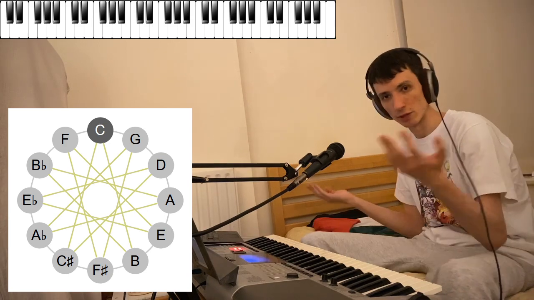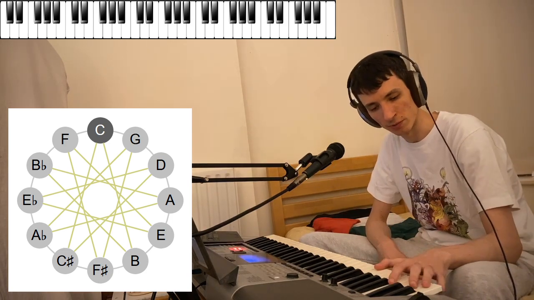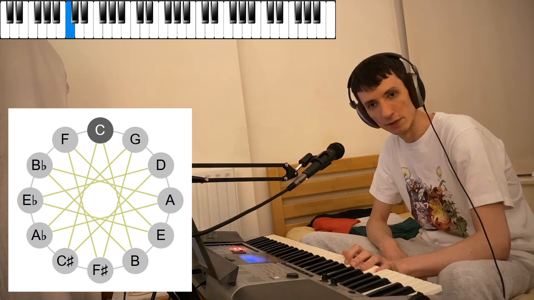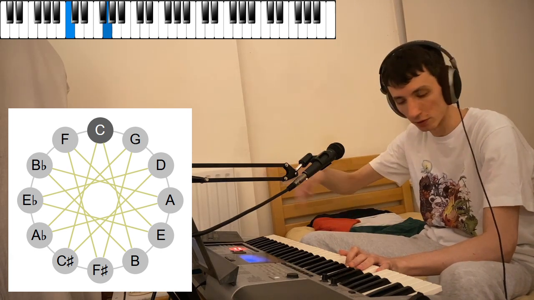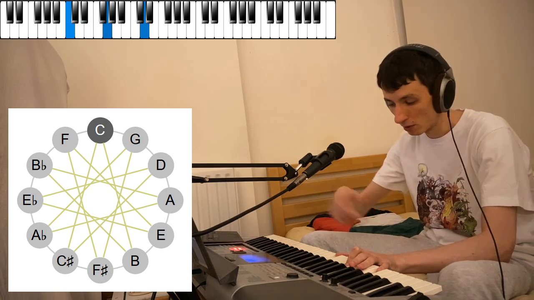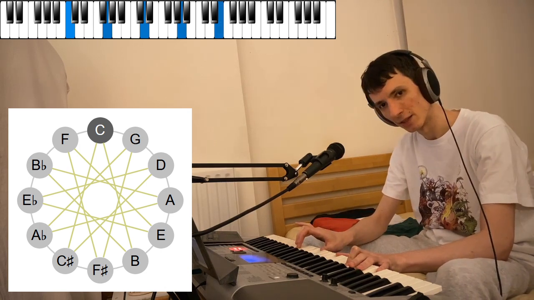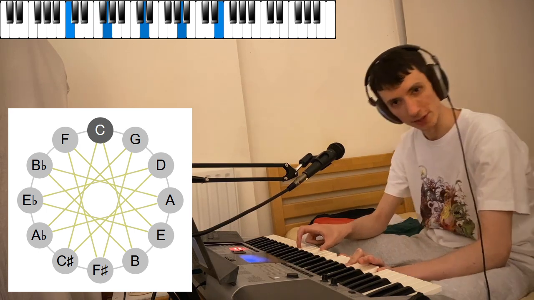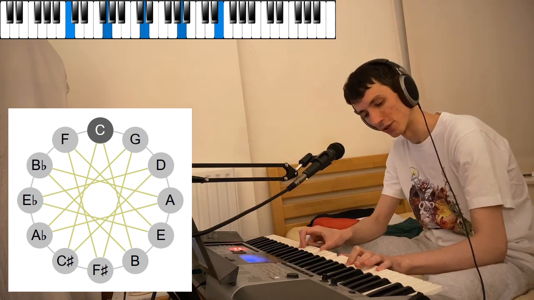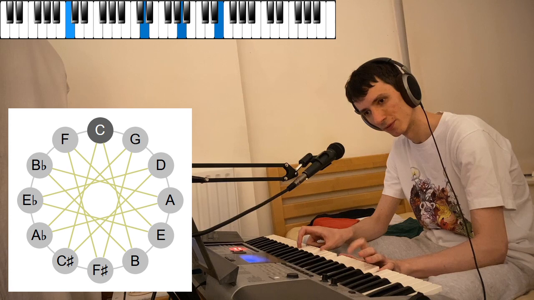So we start with C and then G, going clockwise around the circle of fifths. We have D, A, and then E. And so suddenly we have the major third that we want, and we have the major third chord as well, which is this.